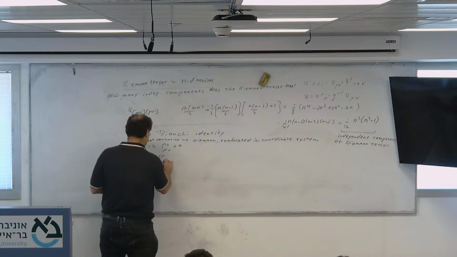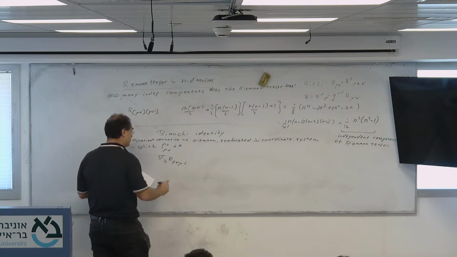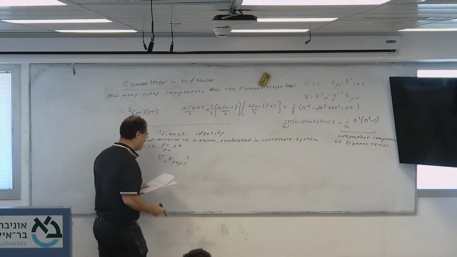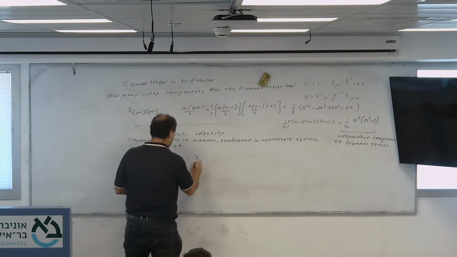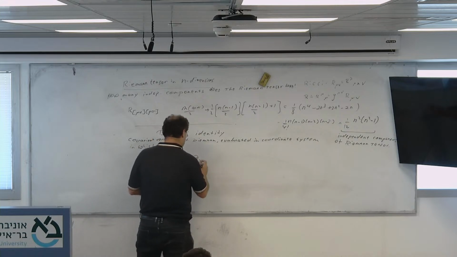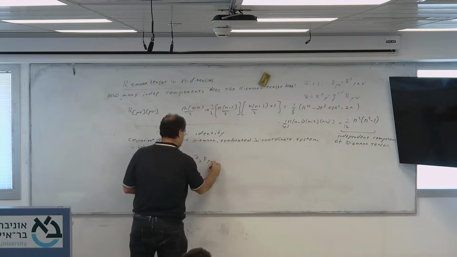So, the covariant derivative with respect to lambda of R rho sigma mu nu is now just a regular partial derivative.